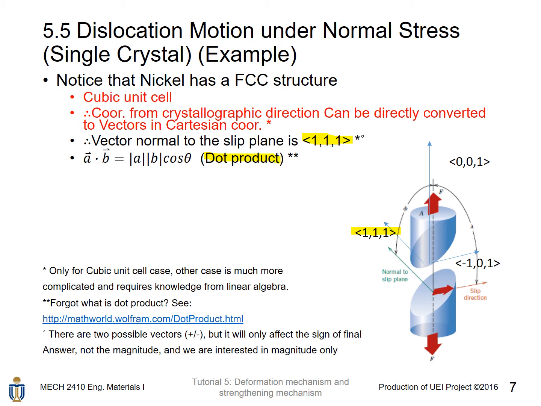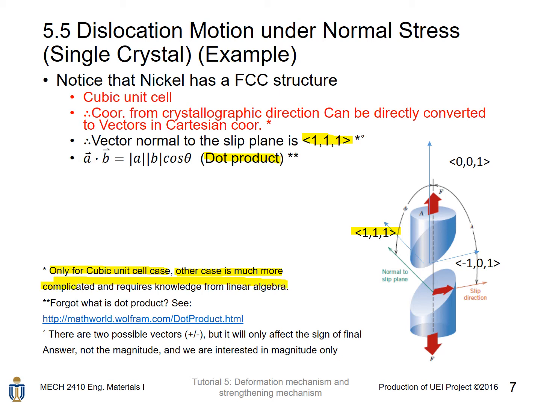A vector A dot vector B is equal to the absolute value of A times the absolute value of B times the cosine of their angle. And I need to emphasize it is a cubic unit cell, and that's why we can use this, which is only for the cubic unit cell case. Other cases are much more complicated and require knowledge from linear algebra.